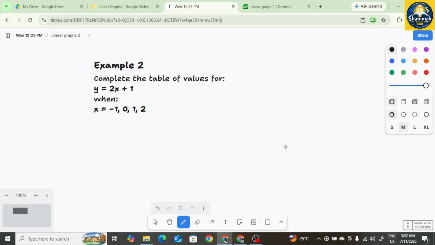In this example, we are going to complete the table of values for the equation y equal to 2x plus 1. Let's do that.